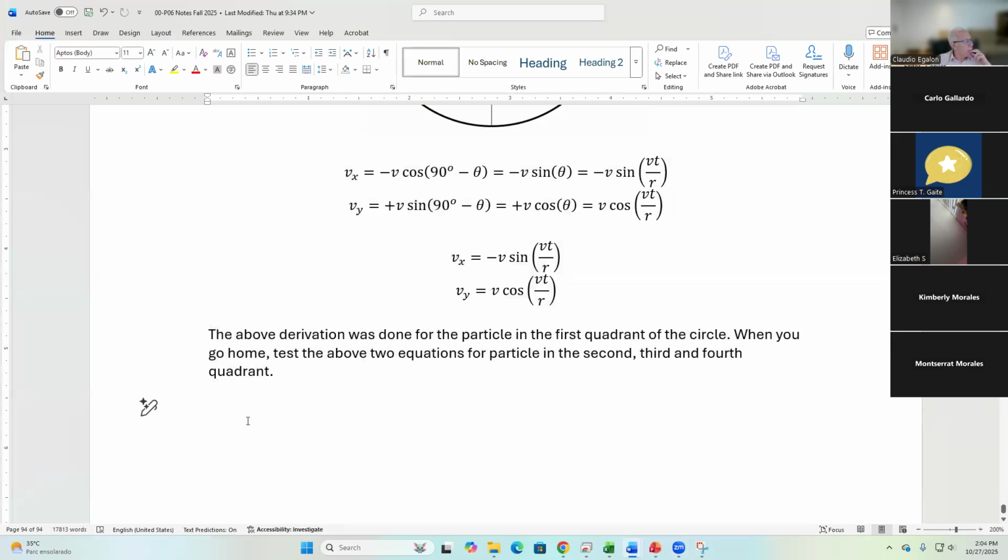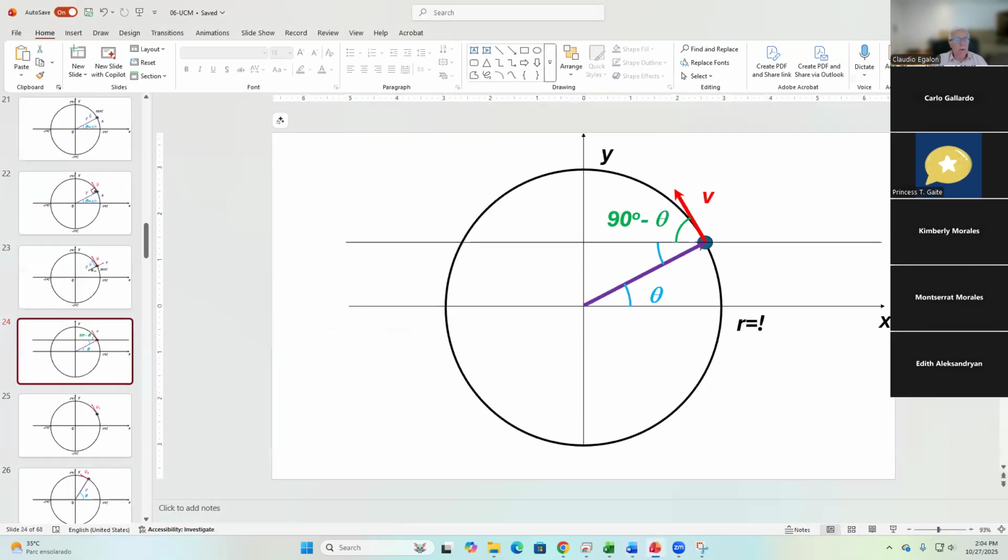Now the difficult part. The difficult part now is to find the acceleration vector. Okay? It's going to have an x and y component just like before.